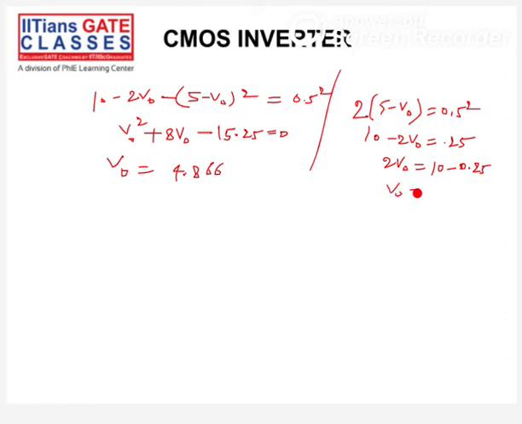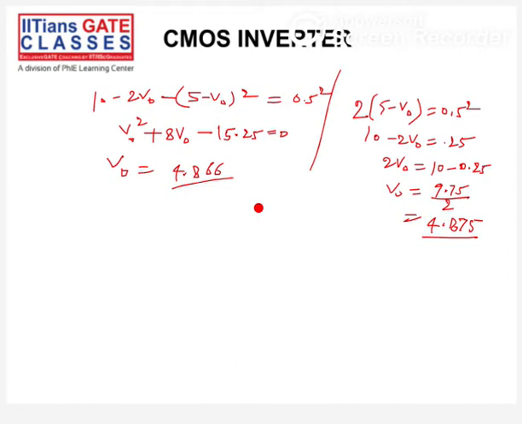So V naught is equal to 9.75 divided by 2. How much are we getting? 4.875. See, there is a very small difference: 4.866 and 4.875.